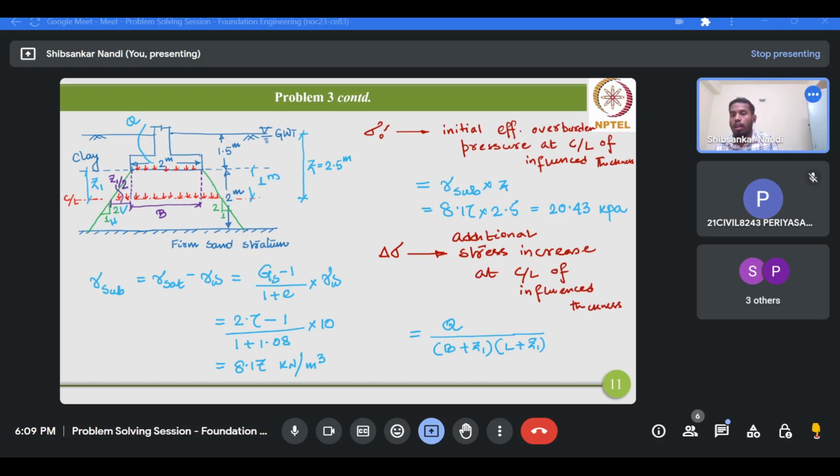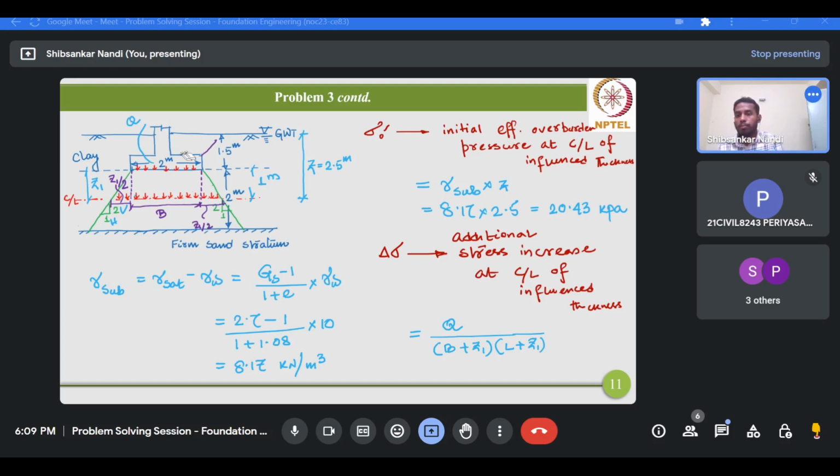So this distance would be Z1 by 2, and again this one would be Z1 by 2. So a total of B plus Z1 by 2 plus Z1 by 2, that means B plus Z1. And similarly, in the length direction, we will be having the dispersed length at a depth of Z1 measured from the foundation level as L plus Z1.